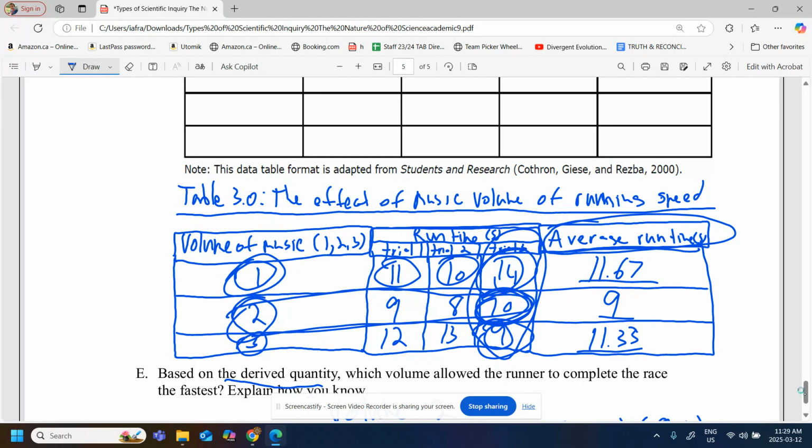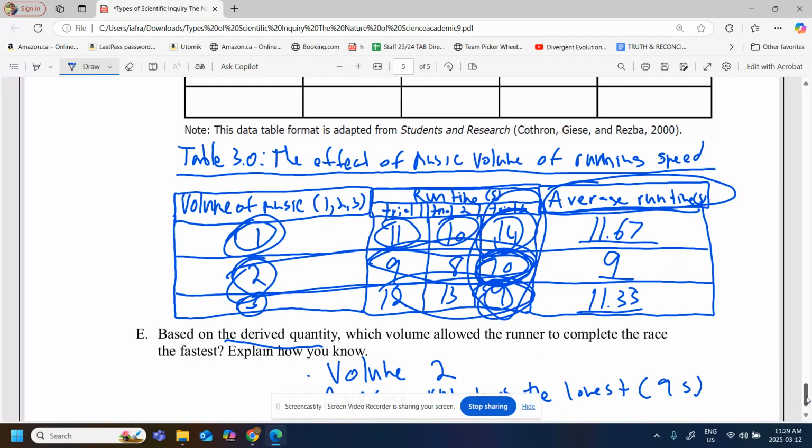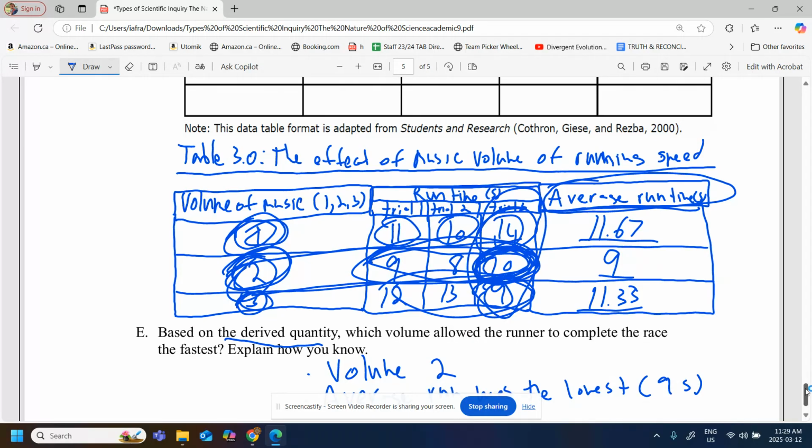So that's why it's important to look at the average before you make a conclusion. Because sometimes a trial could have been a fluke. Maybe the runner tripped or was wearing different shoes or there was too much wind. So that's why it's important to take averages of your trials before you make an actual conclusion.